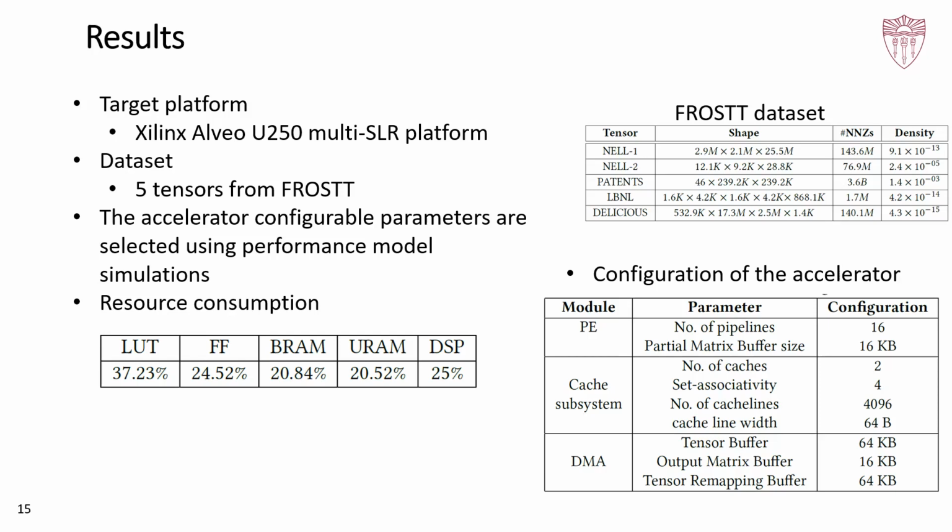For that particular configuration, the resource consumption is also shown over here. We saw that when we increase the number of axles or number of pipelines to increase the DSP utilization or URAM utilization, the maximum frequency that we can run the accelerator at reduces. So the overall performance tends to reduce. So this is the optimum resource consumption for us.